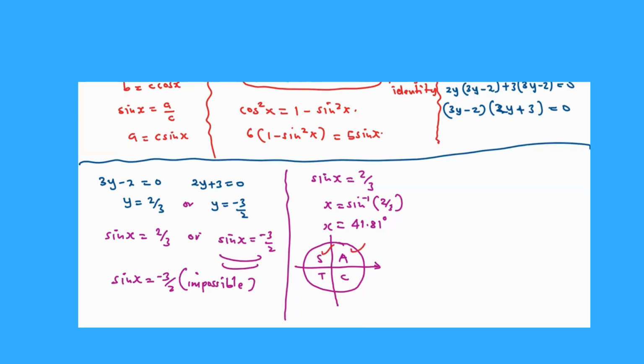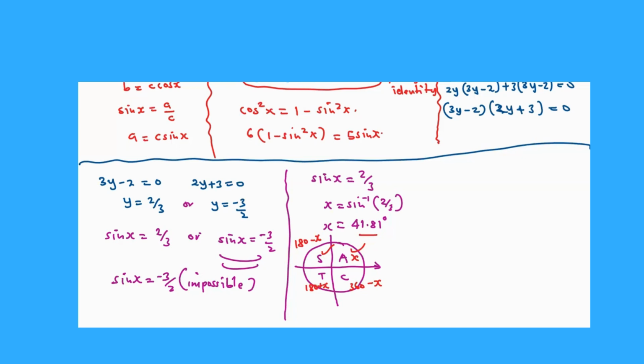So at A we have already gotten the value of x, which is 41.81. So we need the second value of x at S, where sines are positive. At this quadrant here we have 180 minus x. This is x, this one is 180 plus x, and this one is 360 minus x. So at S, we'll get an angle whose sine is the same as the sine of 41.81.